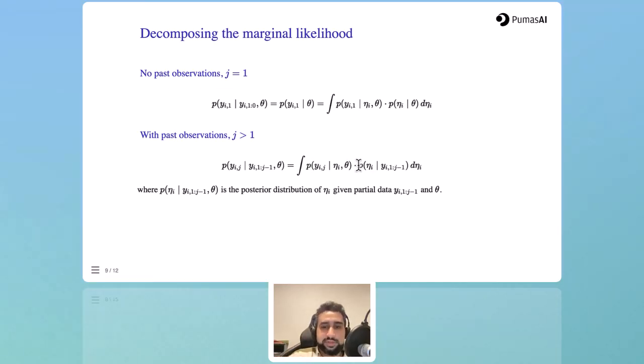And so by sampling from this here and then taking the average of this conditional likelihood, or the probability of the jth observation, using all those samples, that gives me this idea that I would like to enforce, which is that all the values of eta that are possible, or probable, or likely given the previous observations, those should also ideally have a good likelihood for the next observation, right?